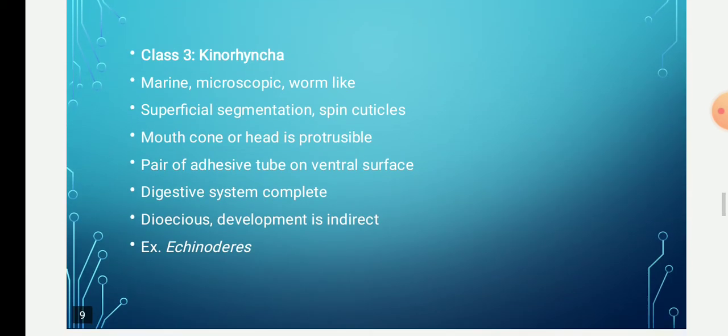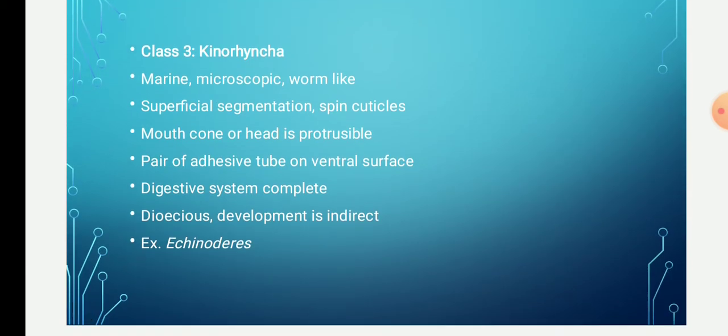The next class is Kinorhyncha. Kinorhyncha includes marine microscopic worm-like animals. They show superficial segmentation that divides the body into 13 to 14 somites. The body surface has spiny cuticles, but cilia are absent.